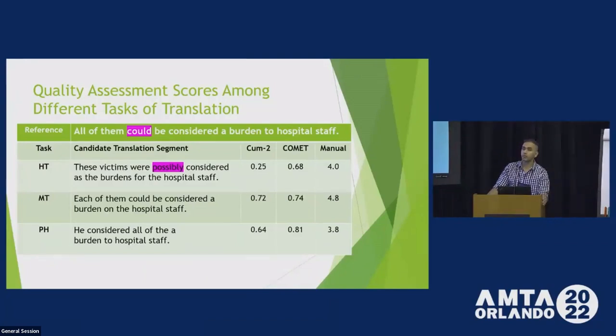As we know, BLEU works on exact token matches, while COMET was able to give a higher score since it maybe works in the vector space of synonymity. For instance, with the purple words possibly and could, COMET was able to detect that this is a similar word, a synonym.